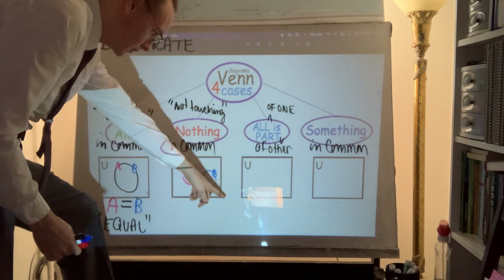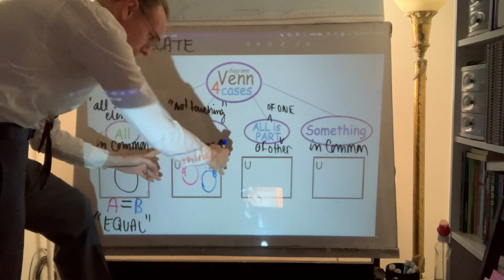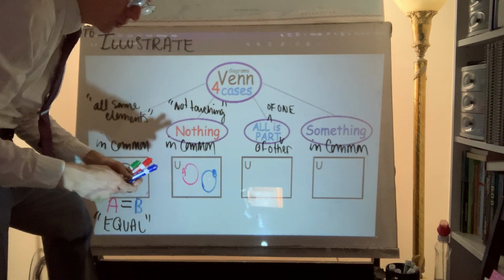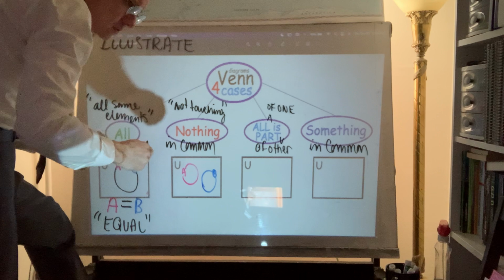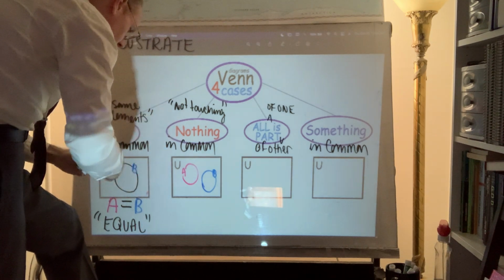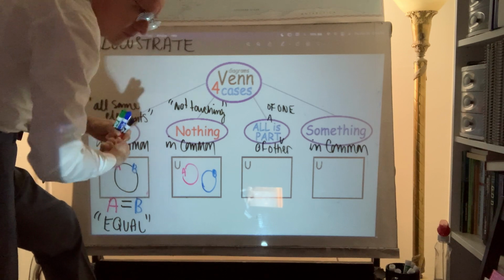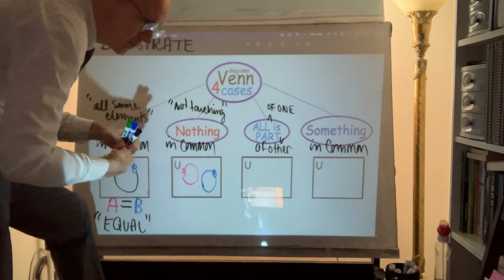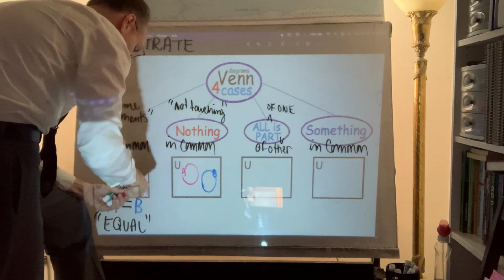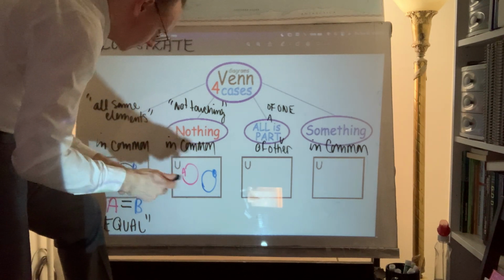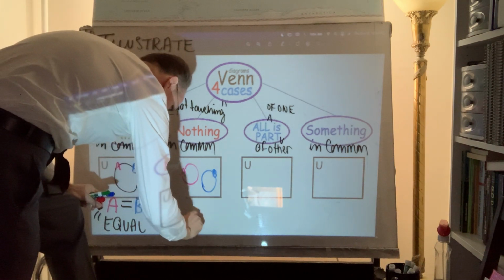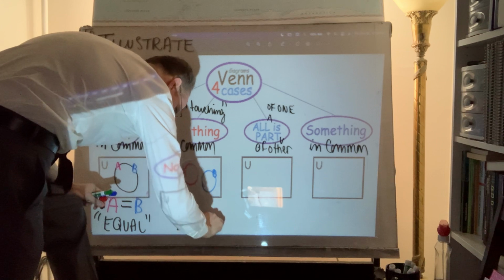They're part of the universal set because they're confined by the boundaries of that universe, but they themselves are not equal. In this instance, you would refer to them as disjoint, if you wanted to use a technical term.